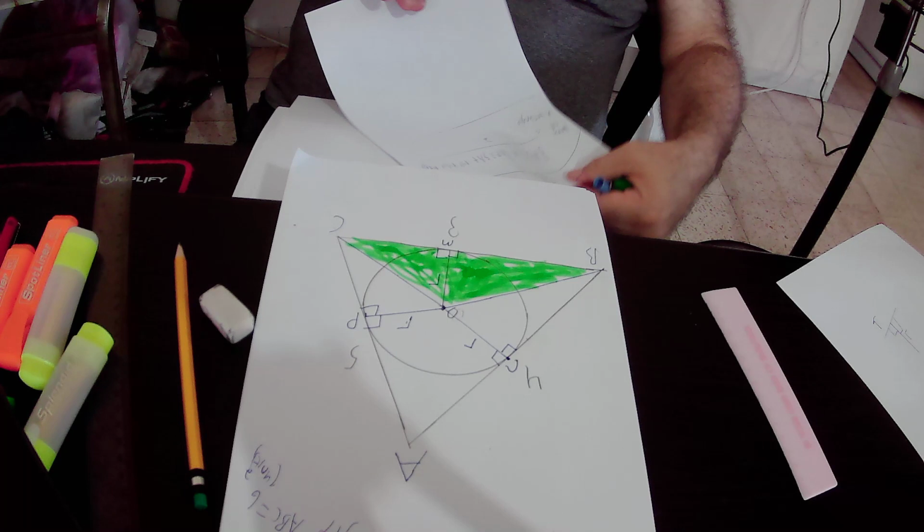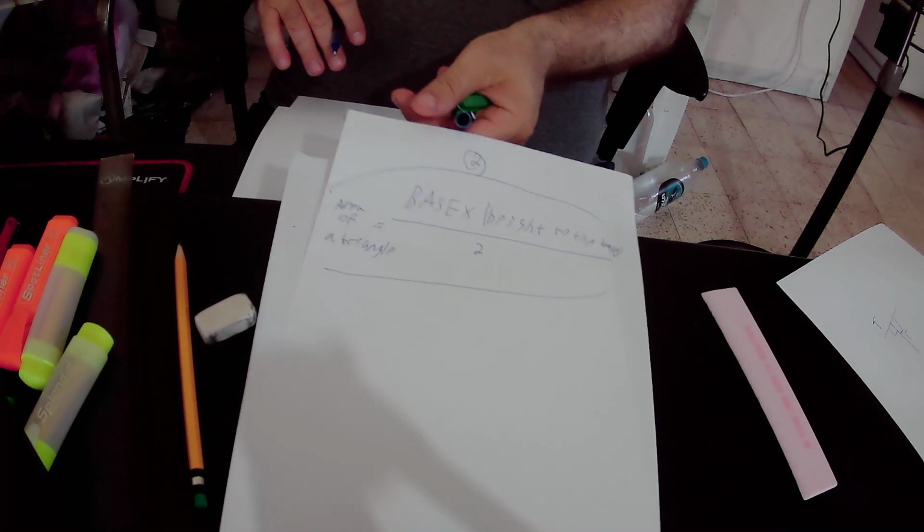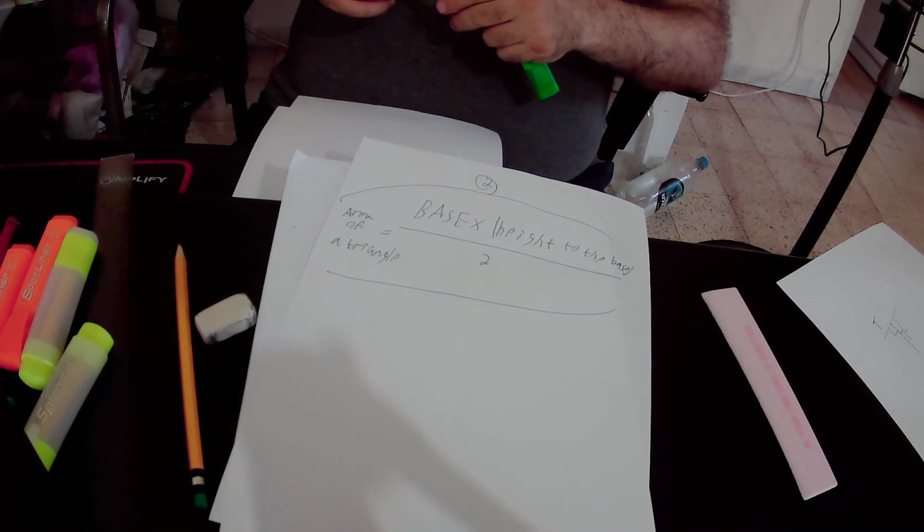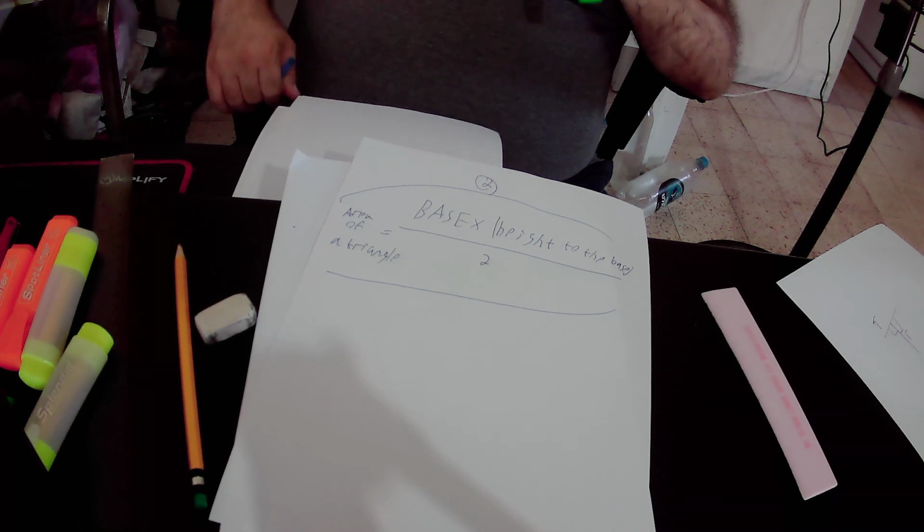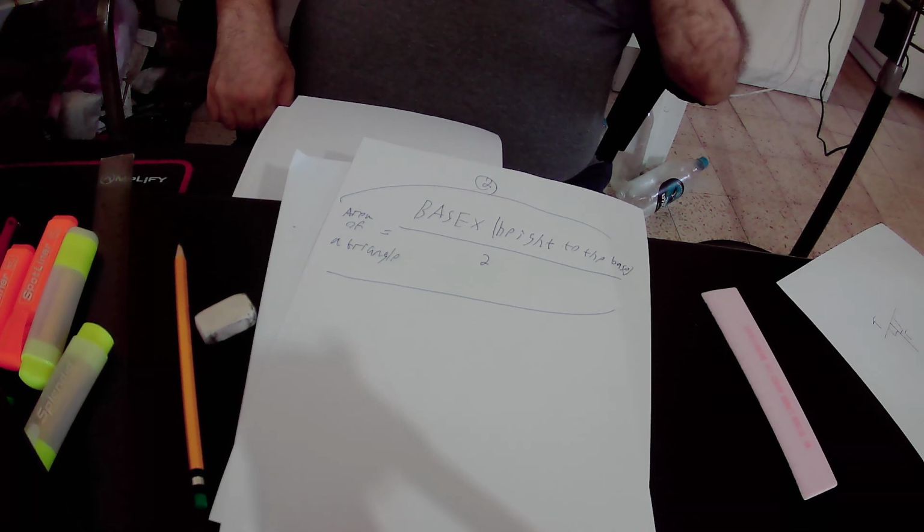Okay, the area of any triangle equals the base times the height to the base divided by 2.